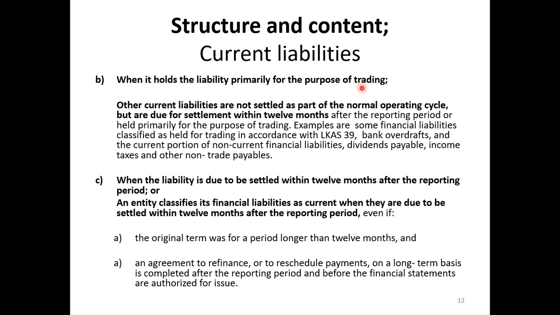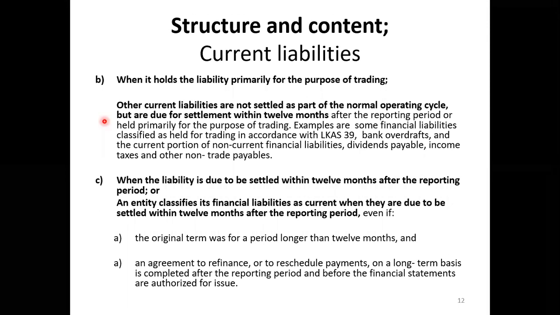Other current liabilities are not settled as part of the normal operating cycle, but are due for settlement within 12 months after the reporting period or held primarily for the purpose of trading.